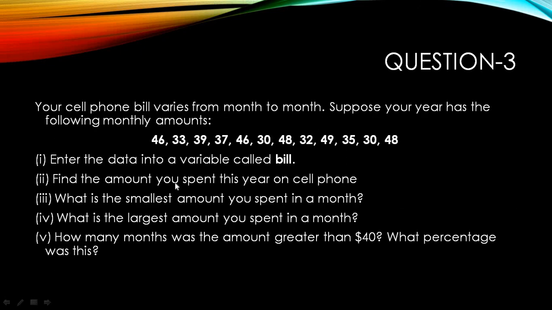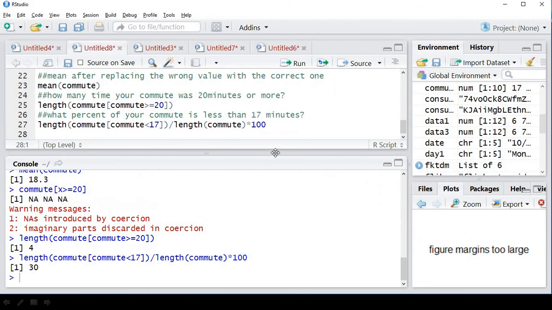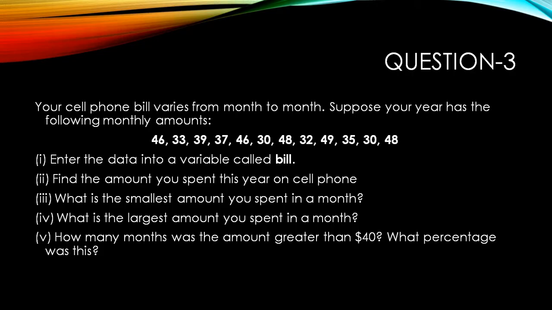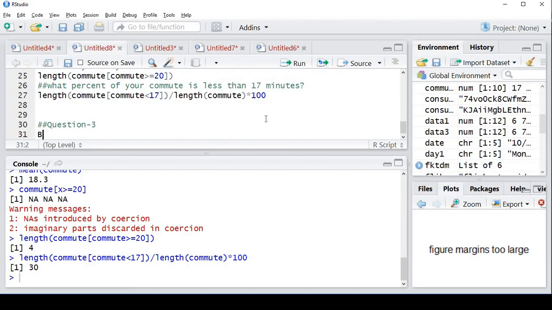Okay, this is quite simple. Now let's put the comment of question 3. Your cell phone bill varies from month to month. Suppose your year has the following monthly amounts. Now let's create a variable.